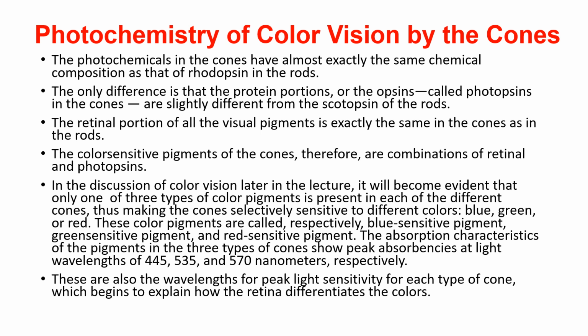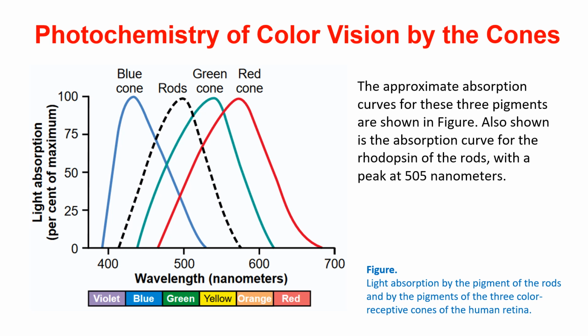The absorption characteristics of the pigments in the 3 types of cones show peak absorbencies at light wavelengths of 445, 535, and 570 nanometers, respectively. These are also the wavelengths for peak light sensitivity for each type of cone, which begins to explain how the retina differentiates the colors. The approximate absorption curves for these 3 pigments are shown in the figure.